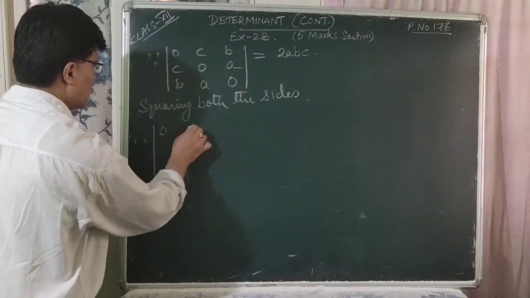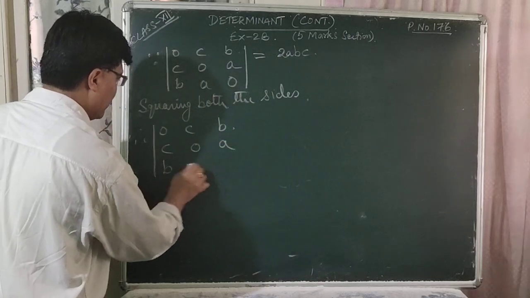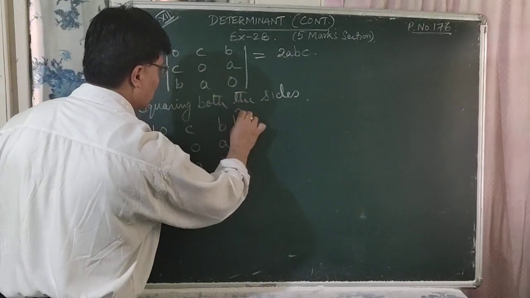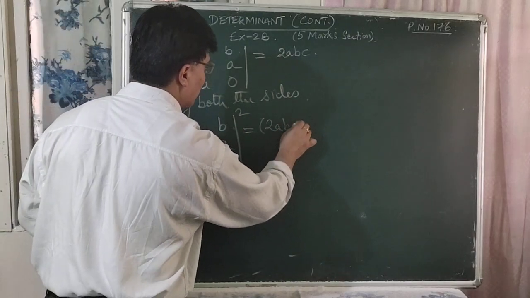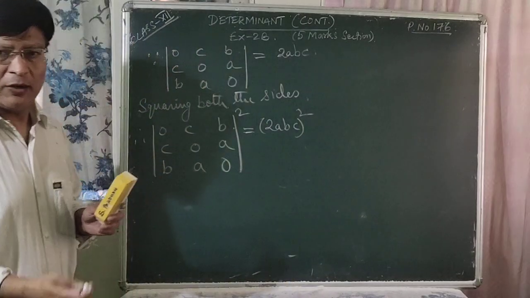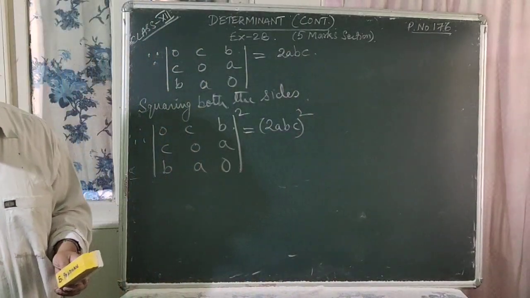Therefore, 0, c, b; c, 0, a; b, a, 0, that is square, is equal to, on the right hand side also you can square. If you square the left hand side, you have to square the right hand side as well. Okay?